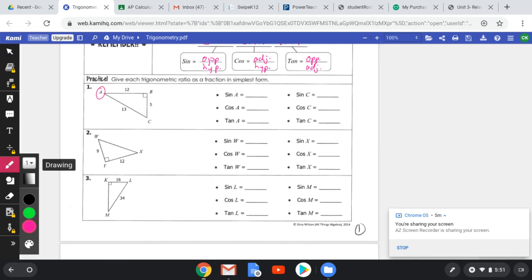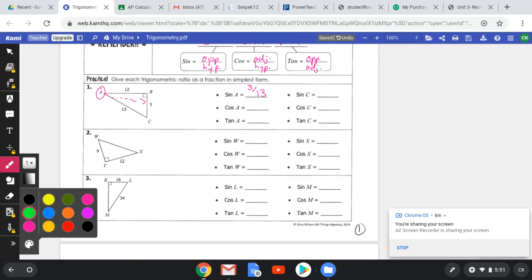Referring back to the previous box, sine of A is the opposite side over the hypotenuse. What's the length of the side opposite A? If I drew an arrow, that would be 5. So it's 5 over the hypotenuse, which is always opposite the 90 degrees, and that's 13. So 5 over 13, and that is your answer.